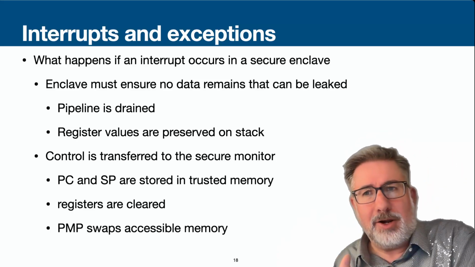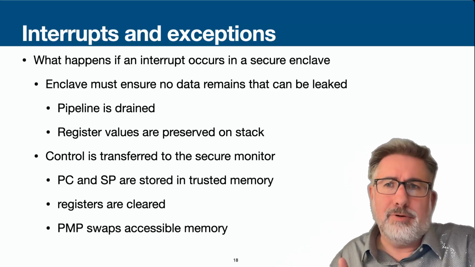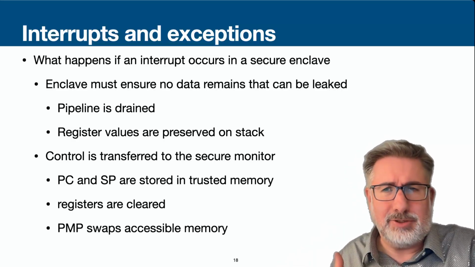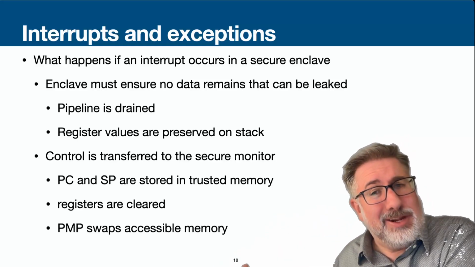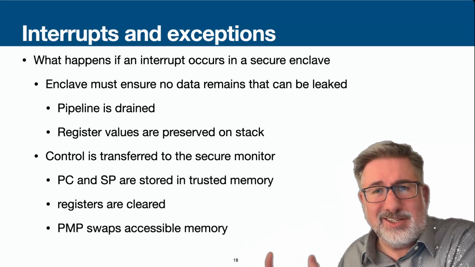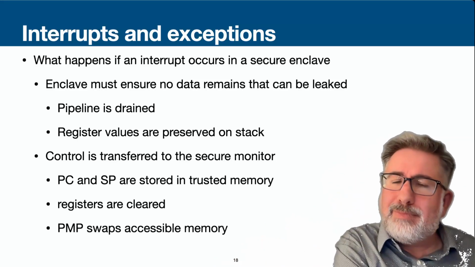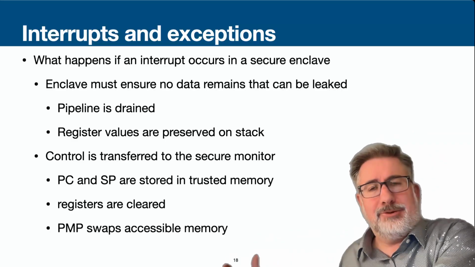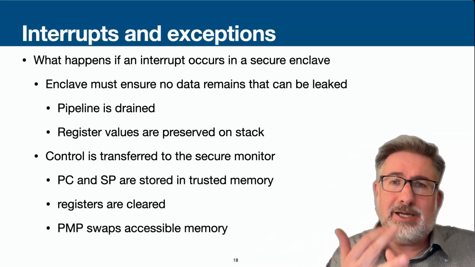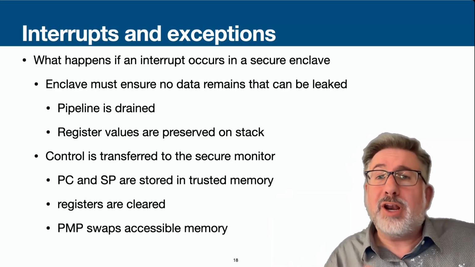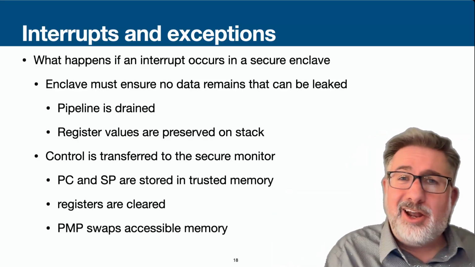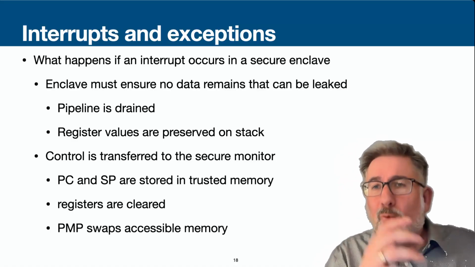Well, the secure monitor is going to store my program counter, my stack pointer, and any status registers so that I can start up again, but it's storing that in its secure memory, its location, because it is the trusted agent, right? So when it wants to start up my enclave again, it's going to transfer back my program counter, my stack pointer, my control, my status registers, so that I can carry on where I was and not even know that I was interrupted.